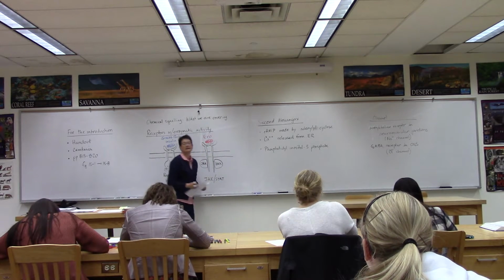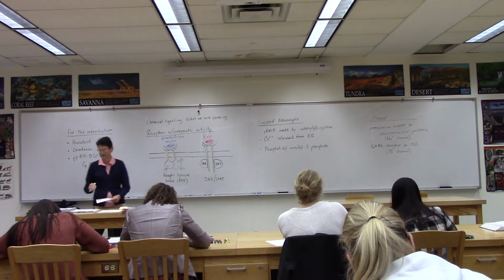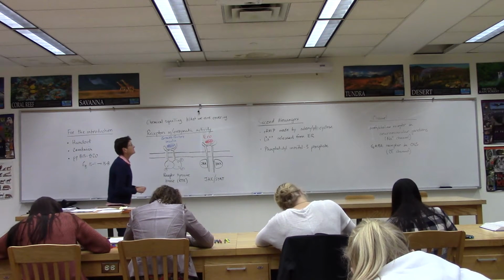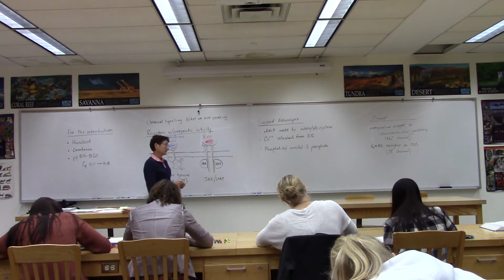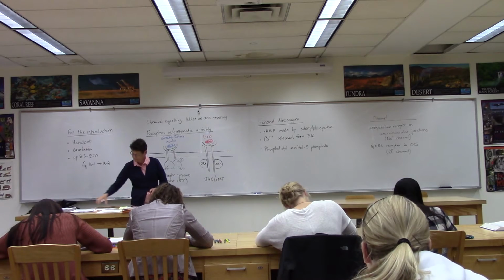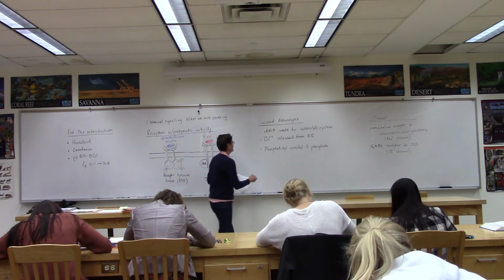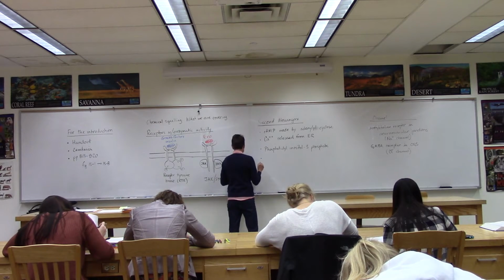And phosphatidylinositol 3-phosphate: 3 meaning there has to be a phosphate group on carbon 3 of inositol. There could be other carbons, but there's got to be one on carbon 3.